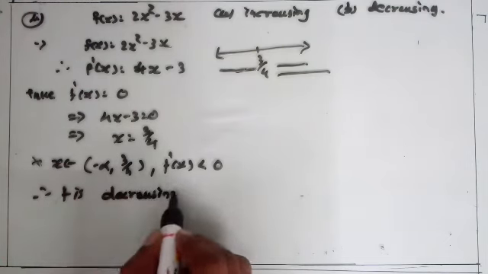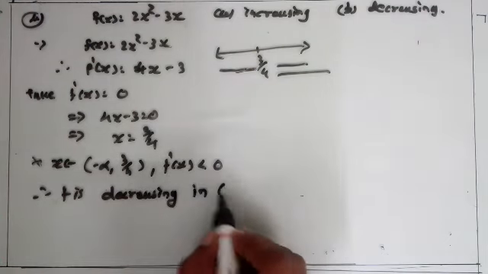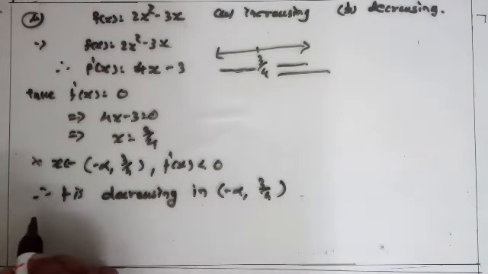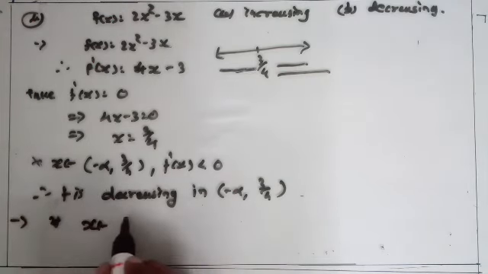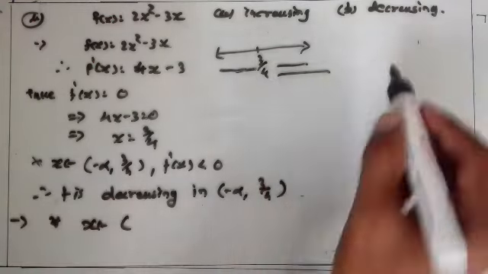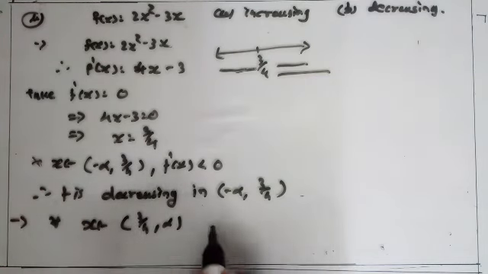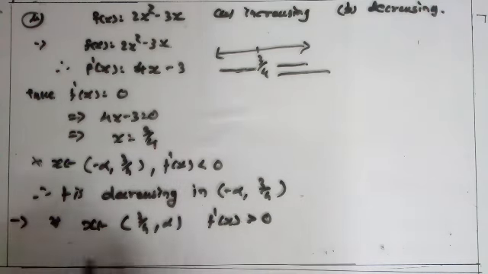Decreasing in minus infinity to 3/4. Okay? And for all x belonging to 3/4 to infinity, f'(x) is greater than 0.